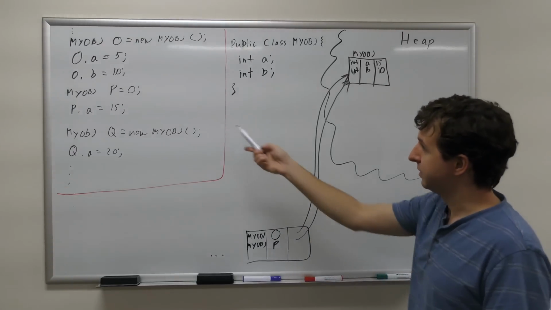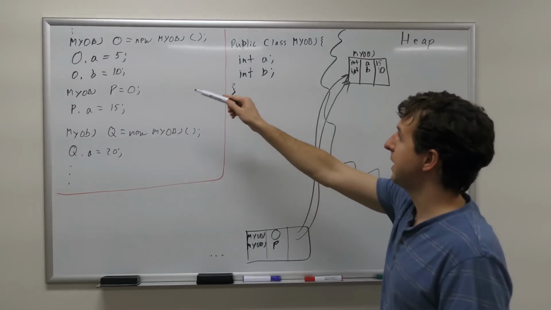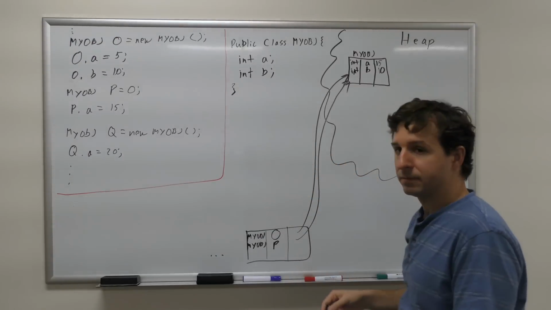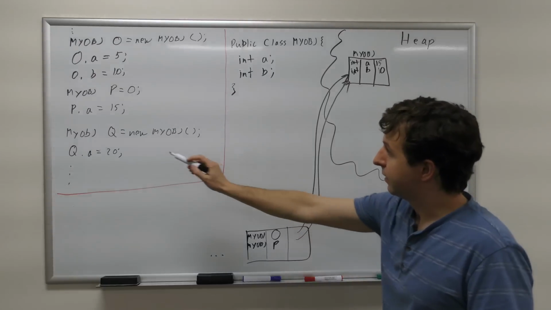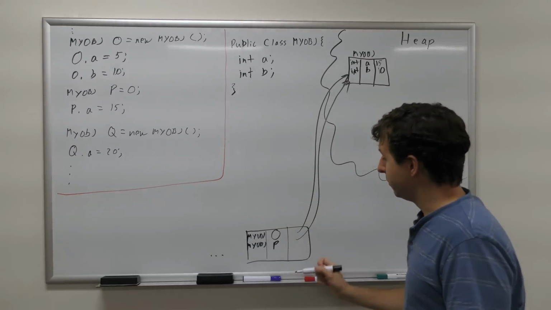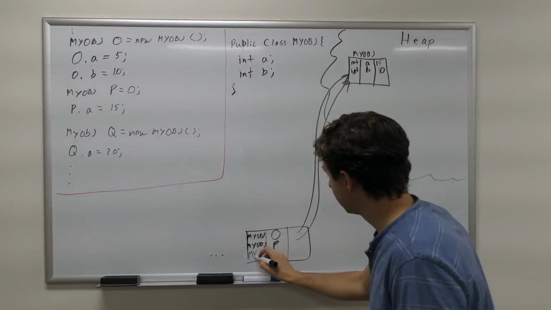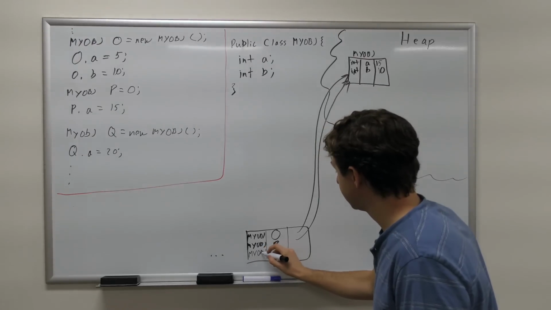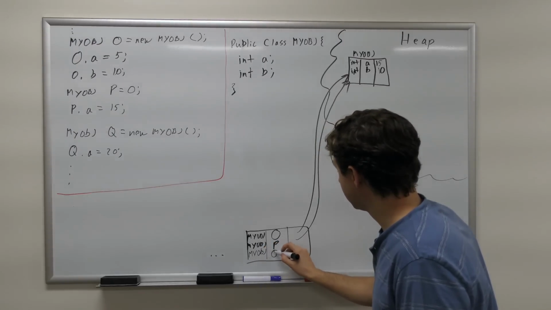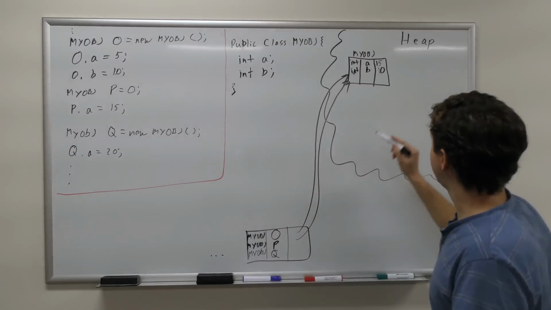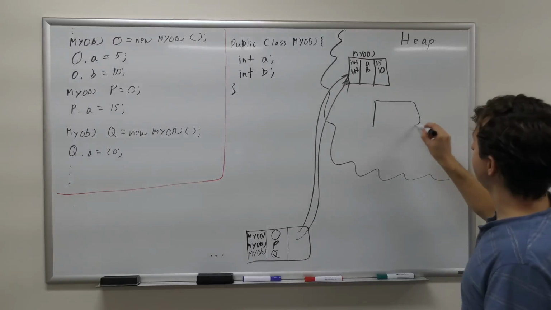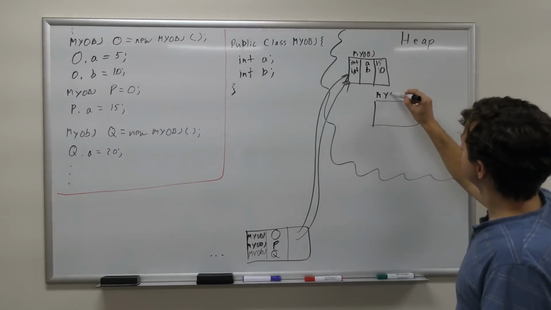If you were to ask System.out.println(o.a), you would get 15, or p for that matter. Okay, now we're going to create a new variable, MyObject q, and set it equal to a new object of type MyObject.